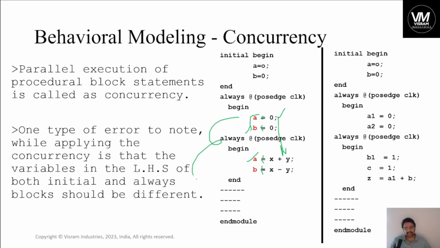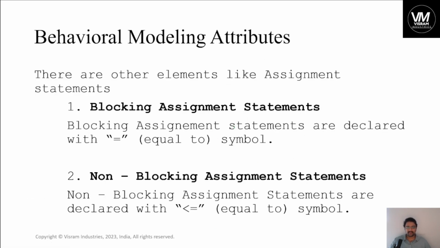If it goes in sequence, imagine you have 1,000 always blocks. What happens? It takes more time.